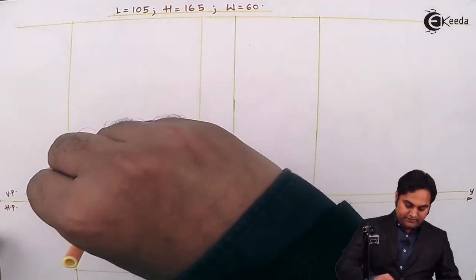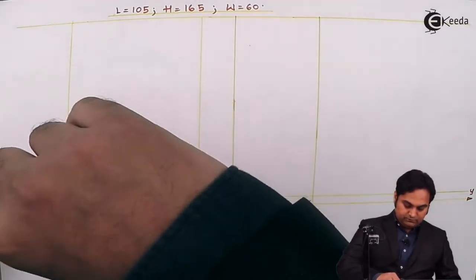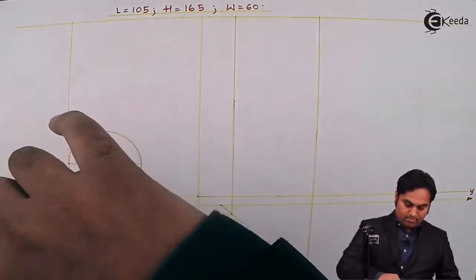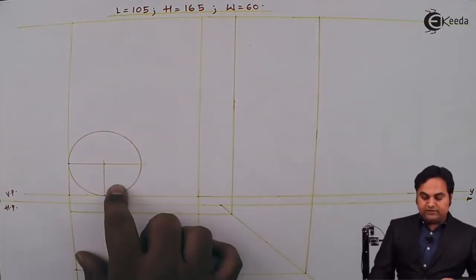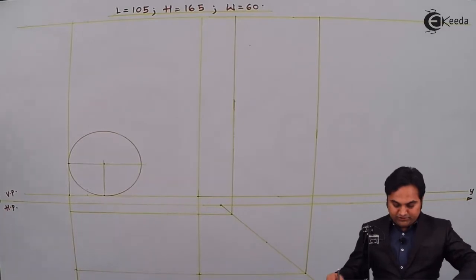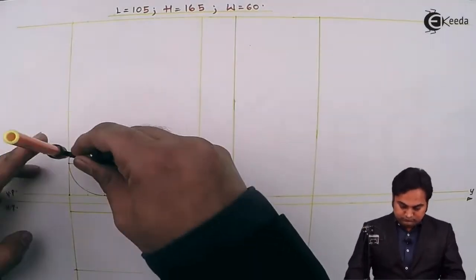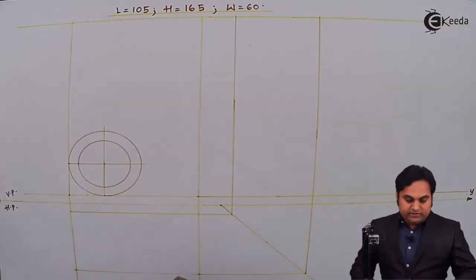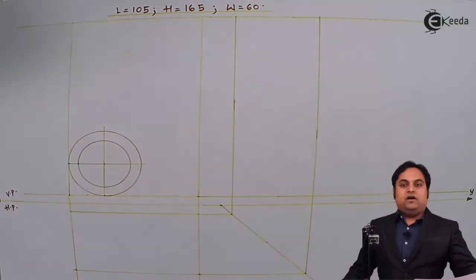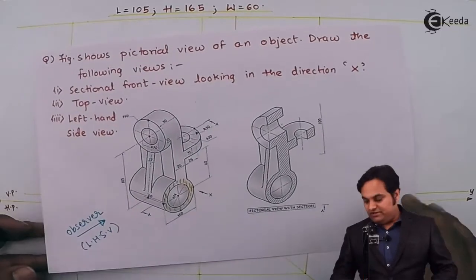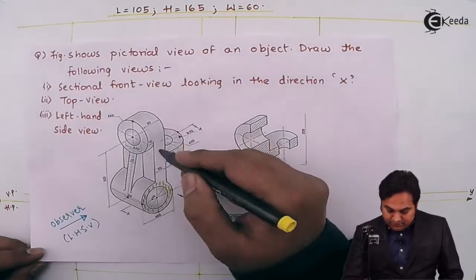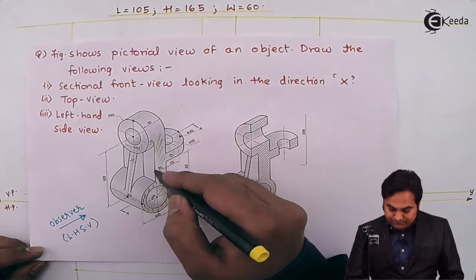I am going to draw a light circle through this. Inside this, there is another circle of diameter 44 mm, so the radius is 22 mm. So here I have drawn this circle. Next, when looking from the front, along X direction, this surface is also visible.